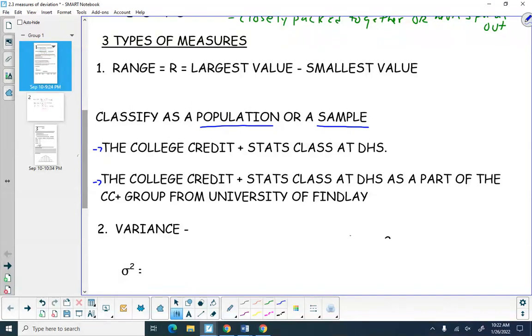Well, let's take a look at another scenario. We have the College Credit Plus stats classes at Down High School. Then we state the College Credit Plus stats classes at Down High School as a part of the whole College Credit Plus group from the University of Findlay.